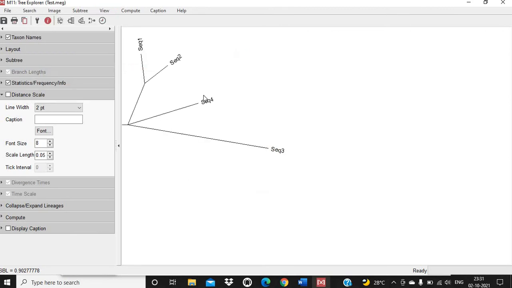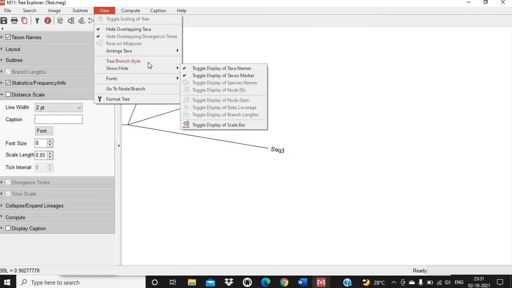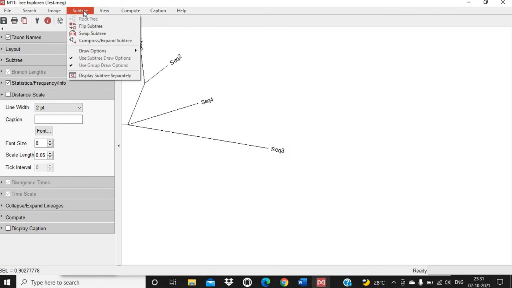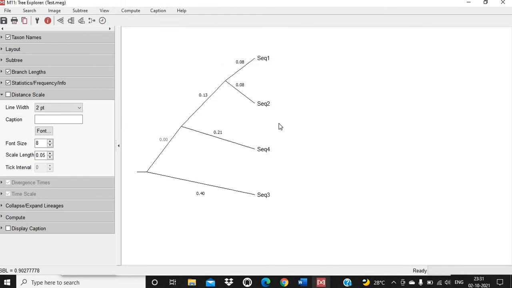So this is also informative. Again, you can see the branch length is very large here, so it means sec3 is distantly related. In this way, I like this traditional rectangular style.